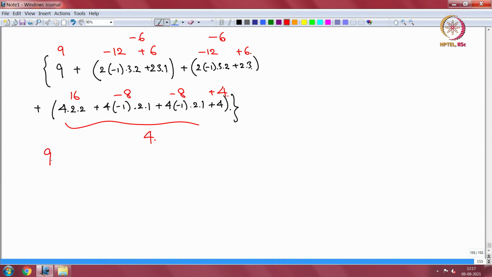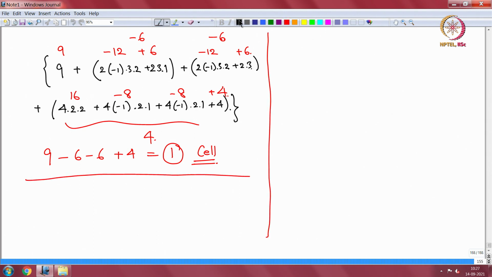So 9 minus 6 plus 4 is 1. So at low frequencies it is 1 cell. Okay. So we will see more of this, we will get some further insights.